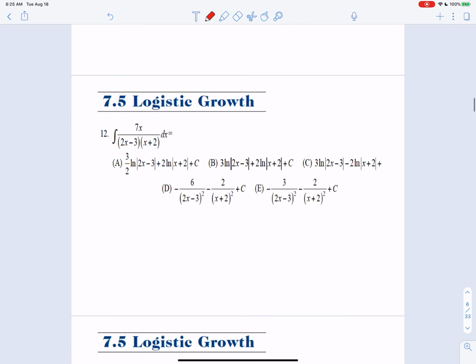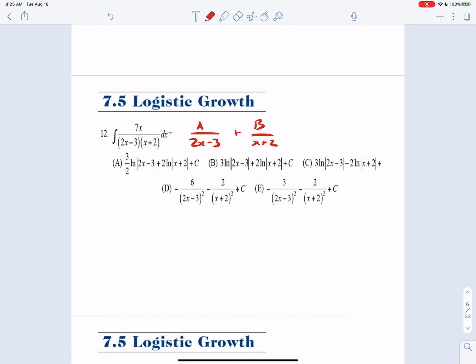Here are some released AP questions. This is something that you may see, so definitely try it on your own here and play when you're ready. I know right away this is going to be A over 2x minus 3 plus B over x plus 2. Remember, when it's a multiple choice question, you don't have to write every single step, so I'm just going through my stream of consciousness.